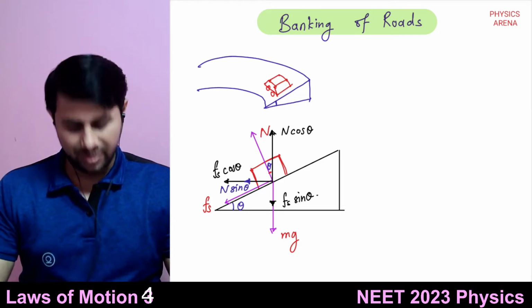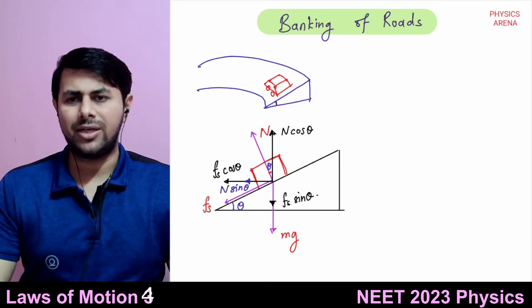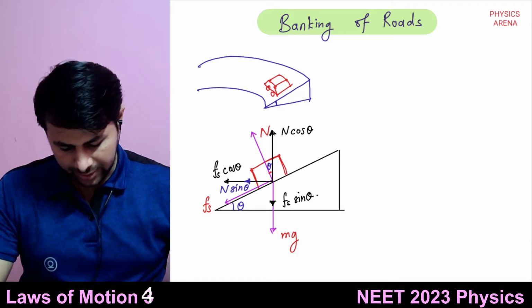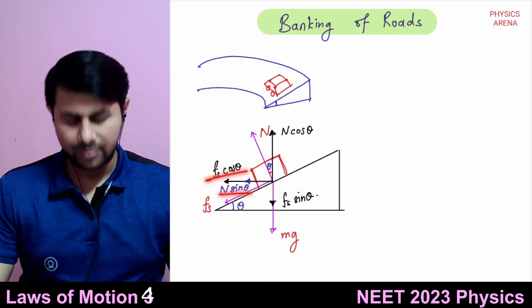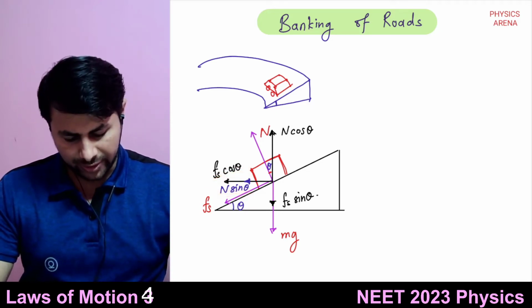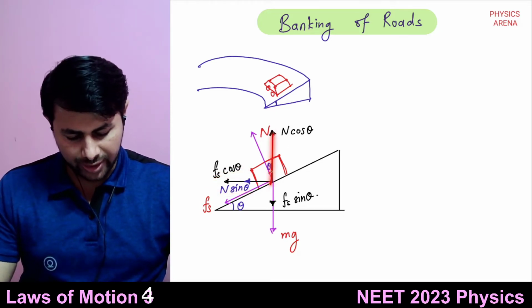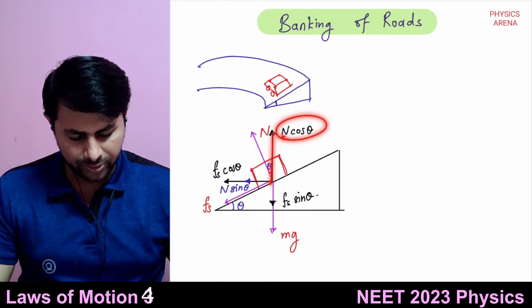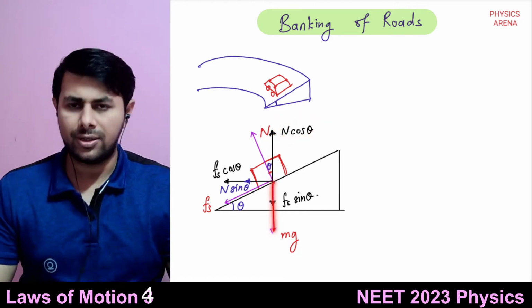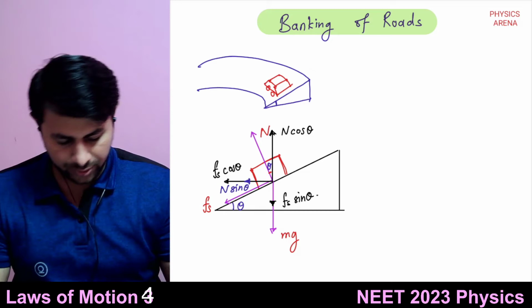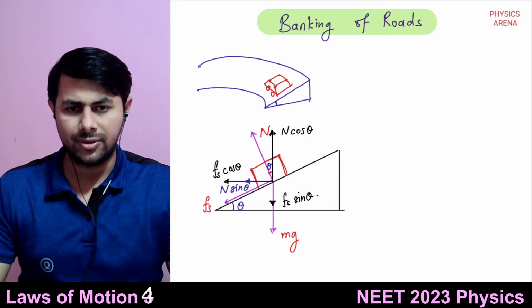Now tell me, what are the components providing the centripetal force? It is Fs cos theta plus n sin theta. And for vertical equilibrium, total upward force is equal to total downward force. So is this resolution part understood, everybody?